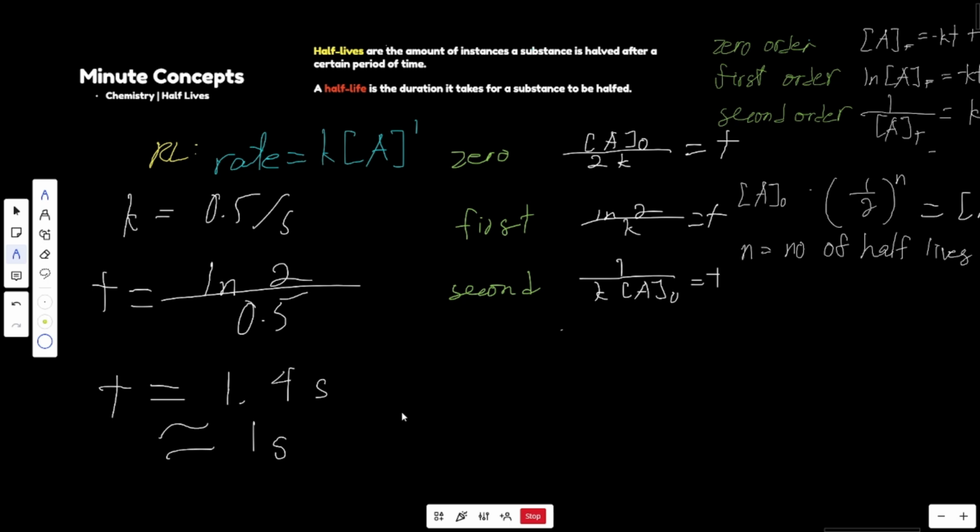So keep in mind that everything has a half-life. It's just that sometimes it's really long. And where do we normally see half-lives? We see it in carbon dating, or we even see it in some medical exams.